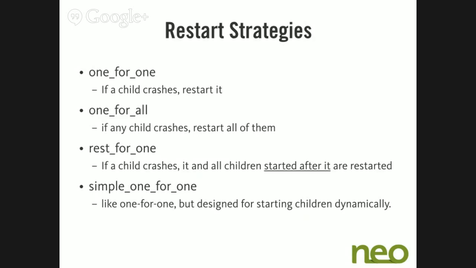In our case, you saw I spawned a bunch of processes to start up new acceptors, and each one of those got added dynamically into the list of children for that supervisor. Now, you lose the ability to do something like rest for one because it no longer pays any attention at all to the order in which things are created. But in a lot of cases, this is a very useful restart strategy. So that's the first part of this.